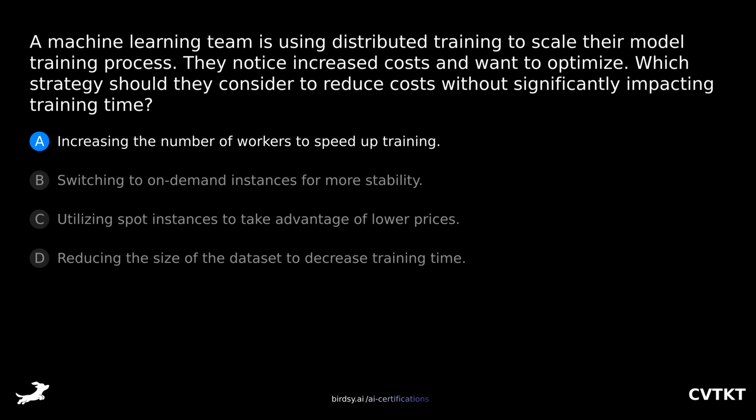Is it A, increasing the number of workers to speed up training, B, switching to on-demand instances for more stability, C, utilizing spot instances to take advantage of lower prices, or D, reducing the size of the dataset to decrease training time? The answer is C, utilizing spot instances to take advantage of lower prices.